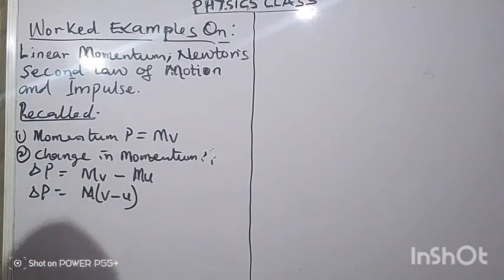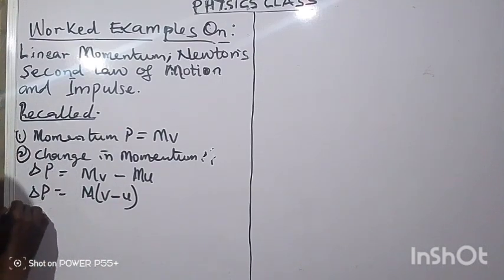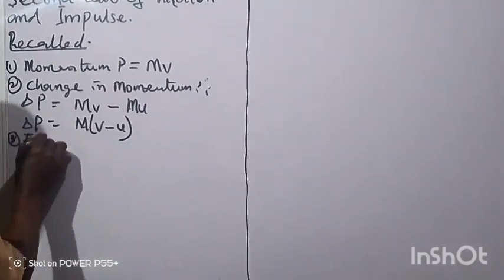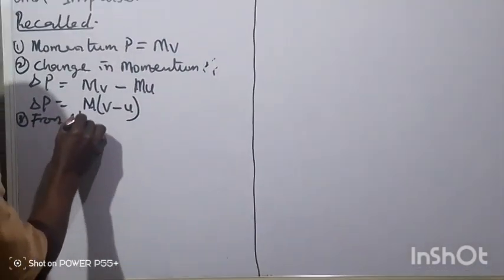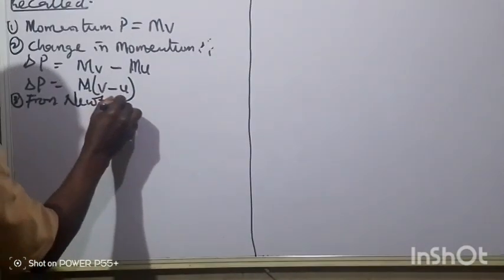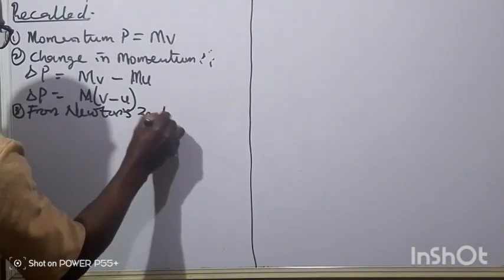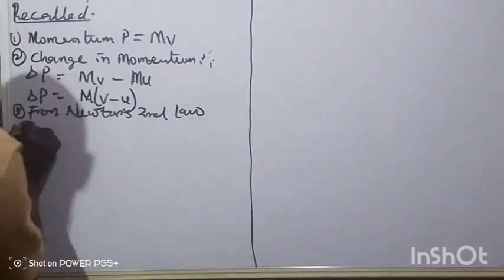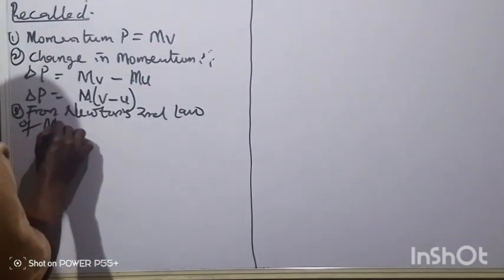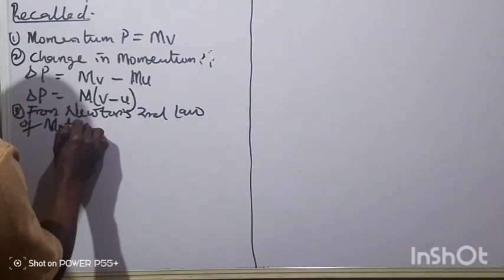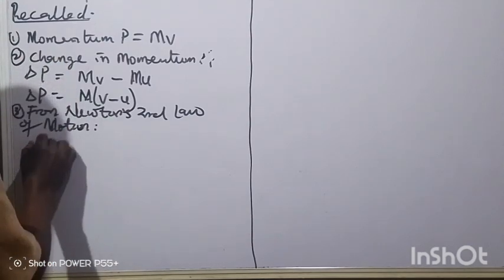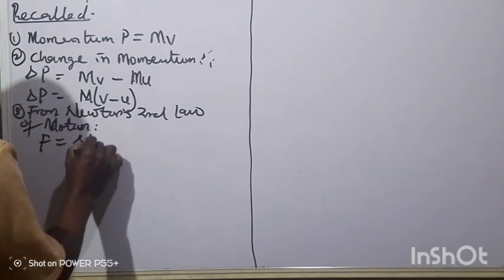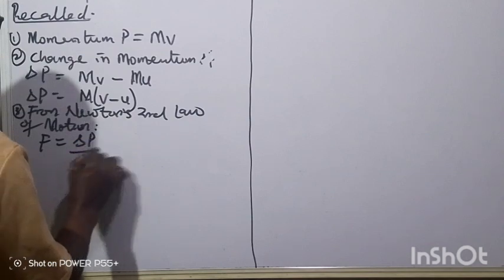Then from there, we now move to Newton's second law of motion. That is number 3. We said F is equal to change in momentum over time.